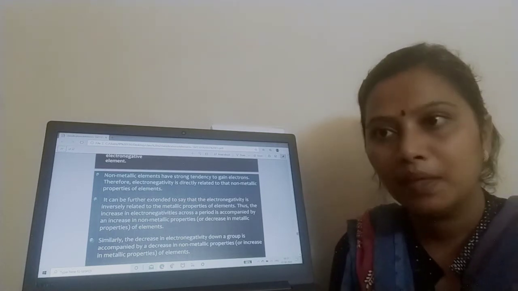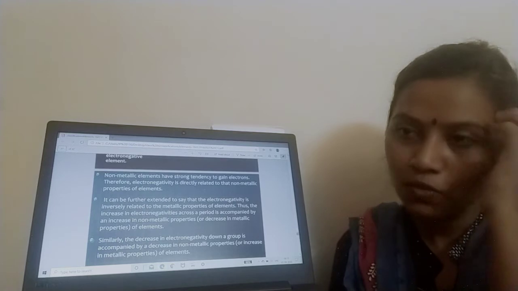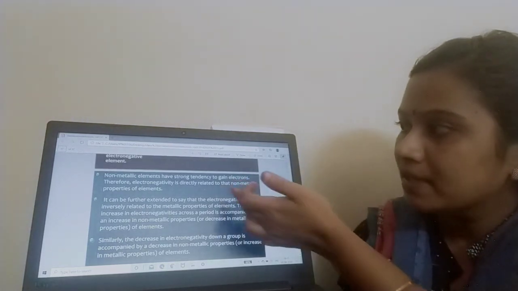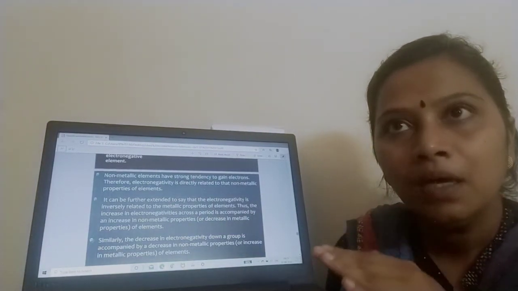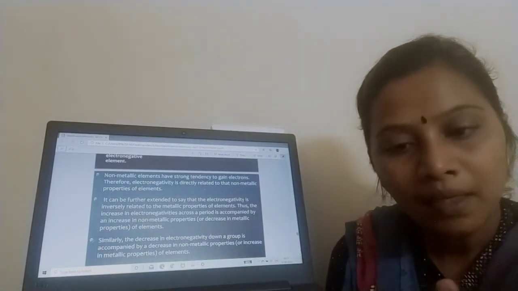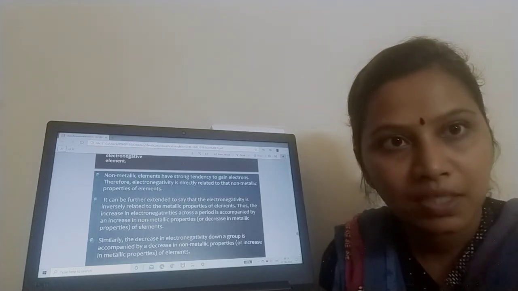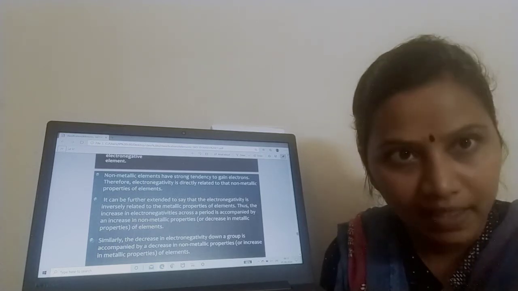In the previous slides, till now we have seen atomic radii, ionic radii, ionization enthalpy, and the opposite of ionization enthalpy, electron gain enthalpy, and electronegativity.